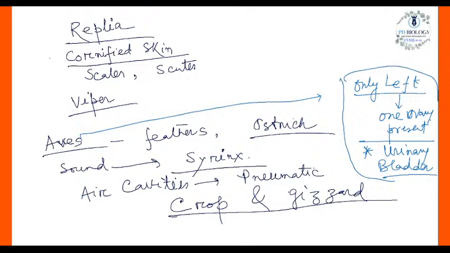The Corvus, Columba livia, Struthio camelus, Pavo cristatus. These are the example of the birds or the aves.